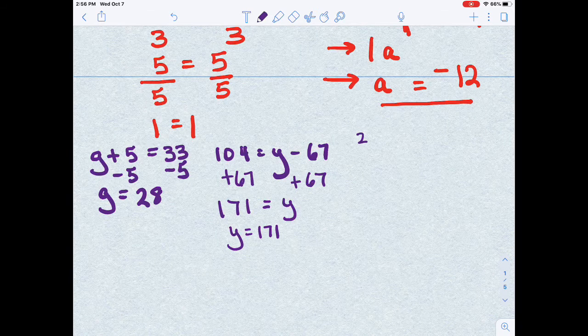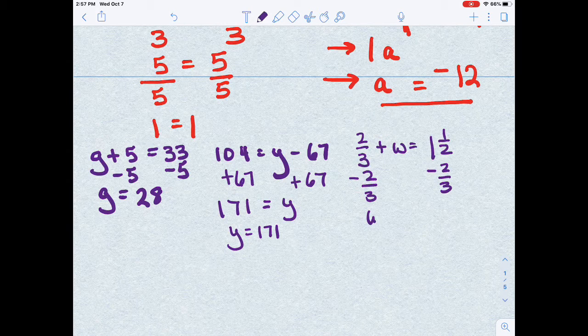Let's do one with a fraction. Okay, remember, this is high school algebra 1. You can have a calculator so that you don't have to feel like the fractions are slowing you down. Here I'm going to use the subtraction property of equality because I'm trying to get the w by itself.